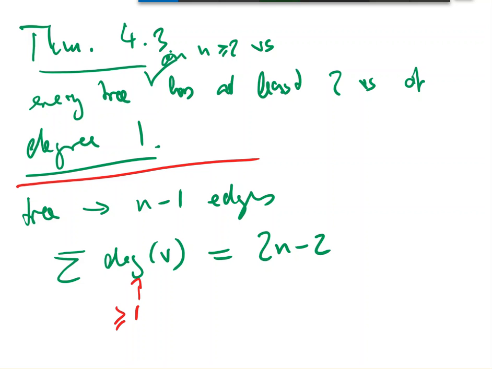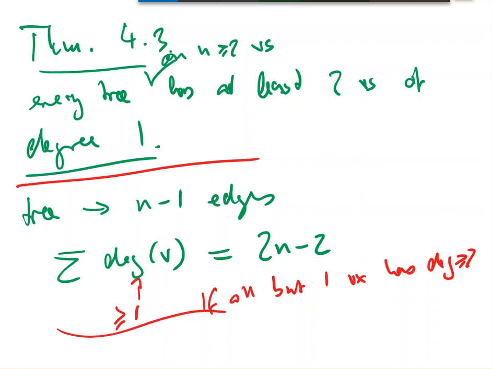So if all but one vertex had degree 2 or bigger, then the sum here is greater or equal than 2 plus 2 plus 2 plus and so on plus 1, which equals 2n minus 1.